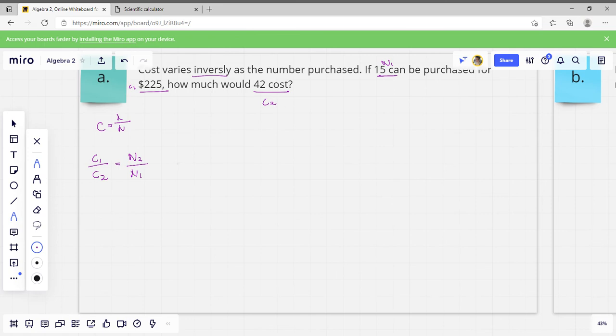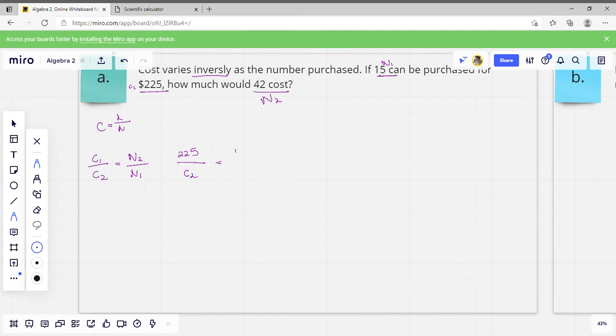So we'll just set it up. Our cost 1 is 225. Our cost 2 is, oh, that's not our cost 2, that's our number 2. Alright, so cost 2 is what we're looking for.